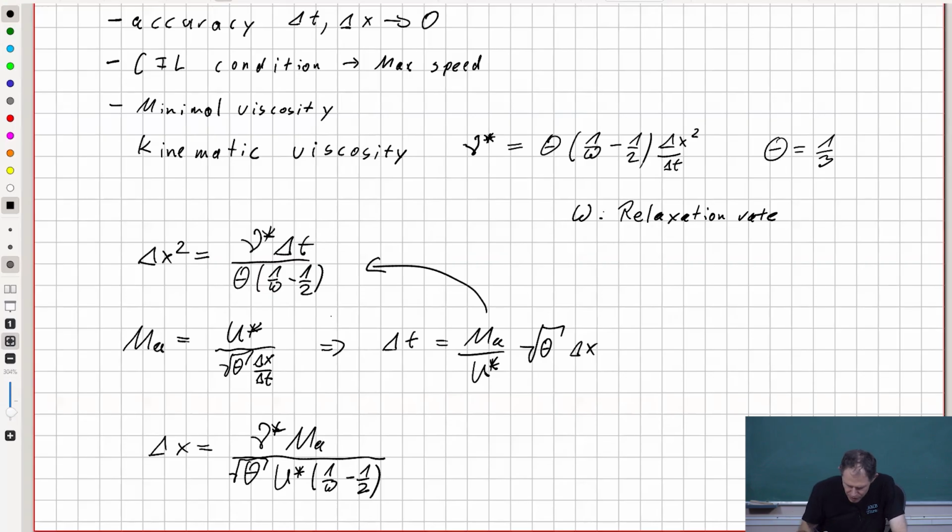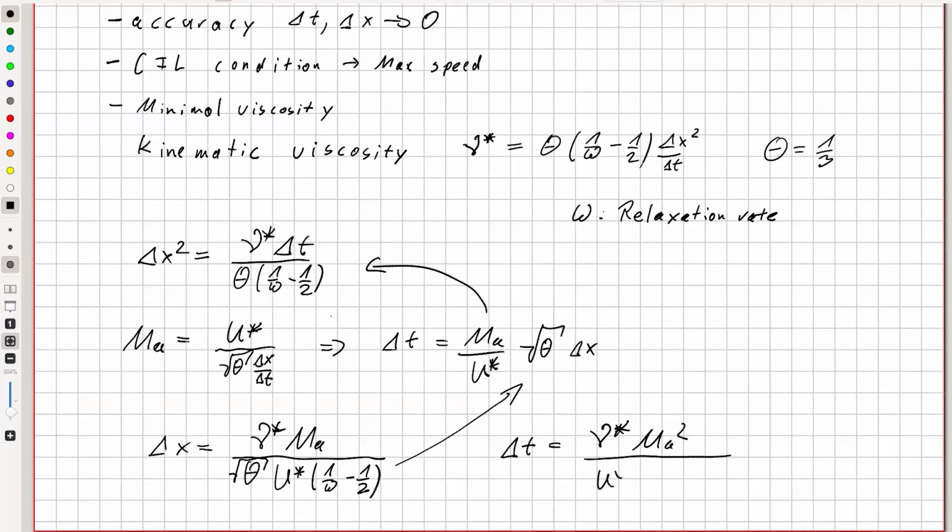We can put this into this here and get dt is equal to the physical viscosity and Mach number squared divided by u star squared, times 1 over omega minus 1/2.